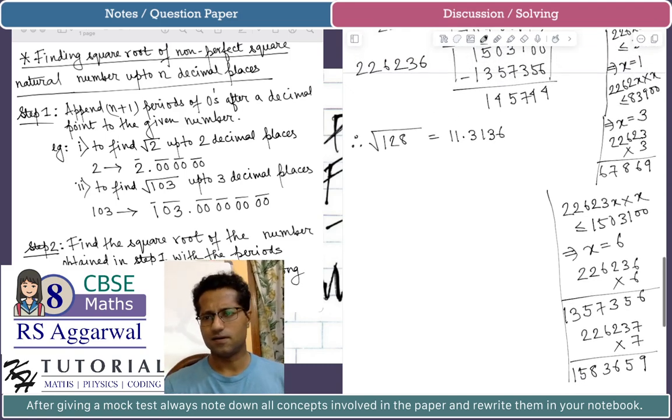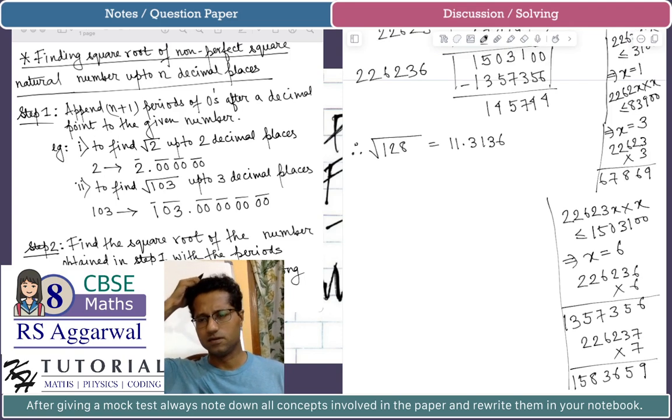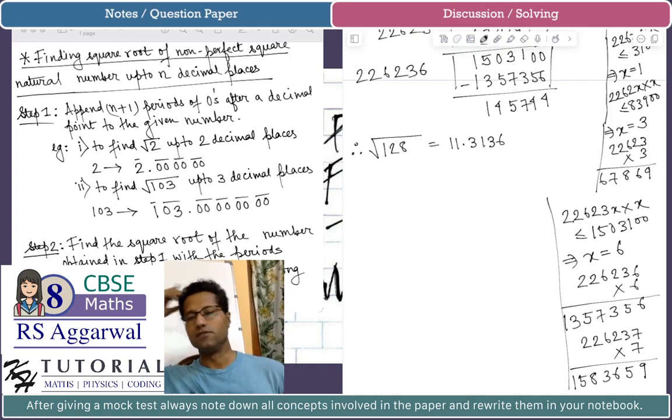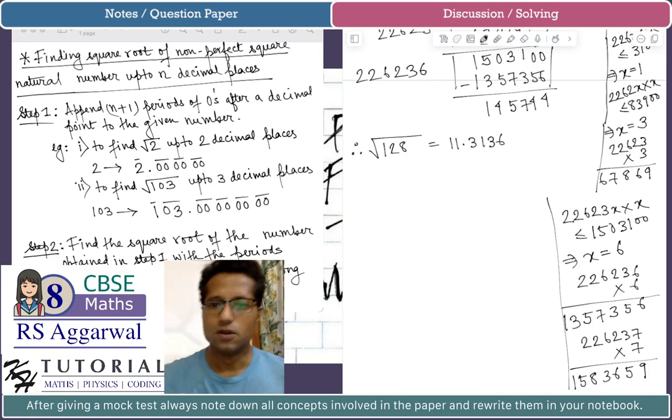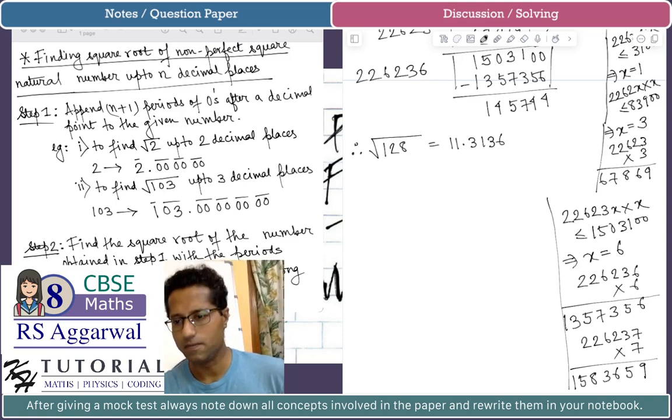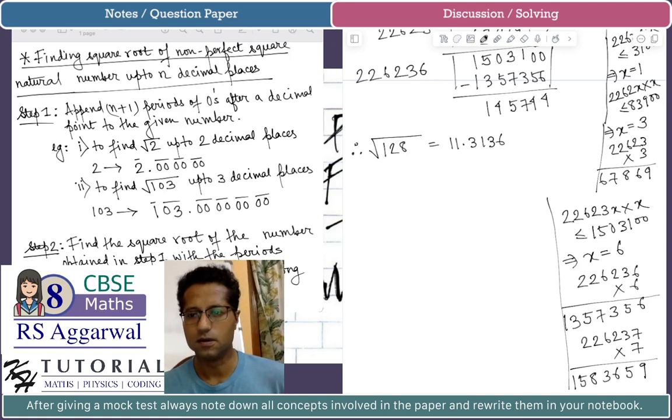If there is a little bit of difference in the digits in the 4th or 5th place after the decimal point, that really makes not that much of a difference. As per my calculation, maybe the last step the x will be 7, but in my calculation it is coming 6. So if it is 7, do let me know in the comment section, then it is my mistake.